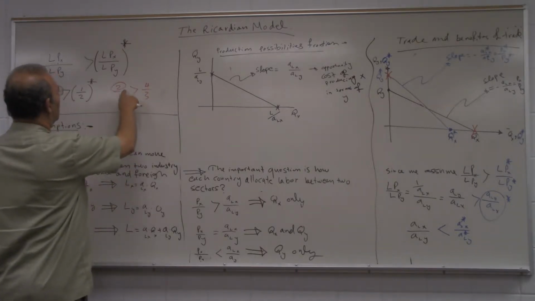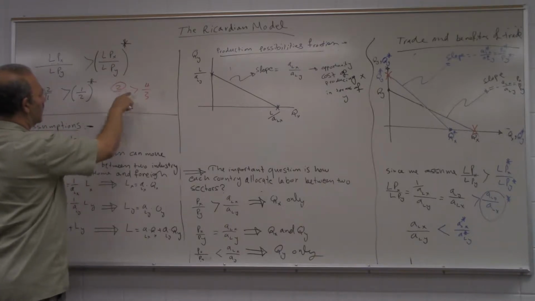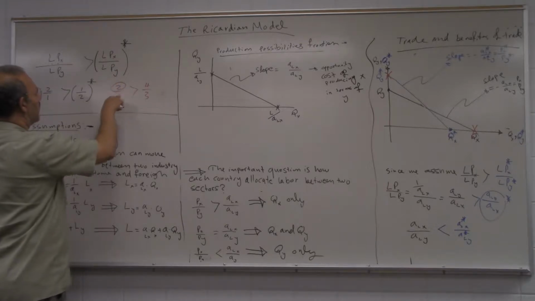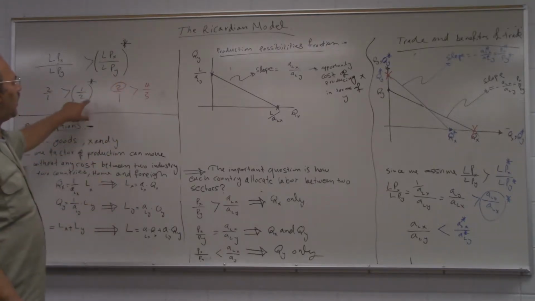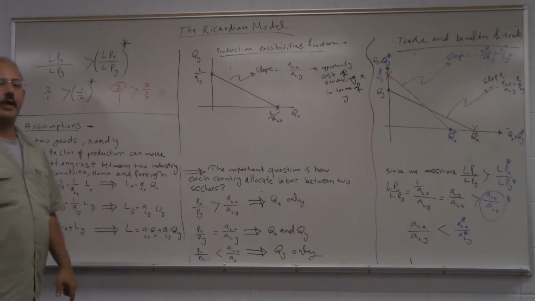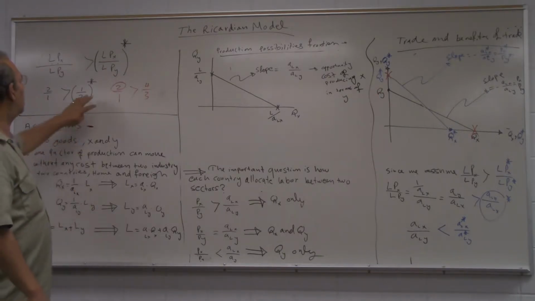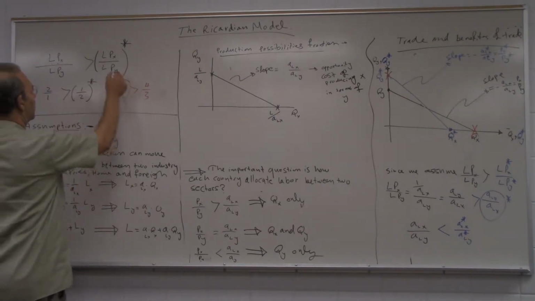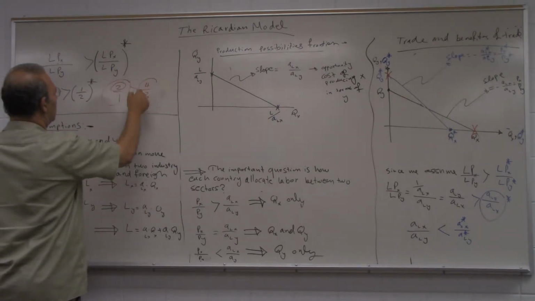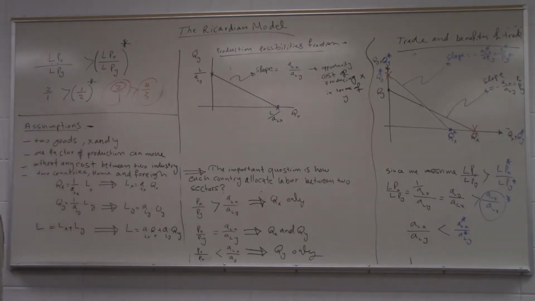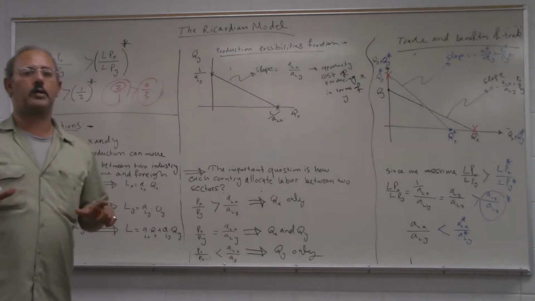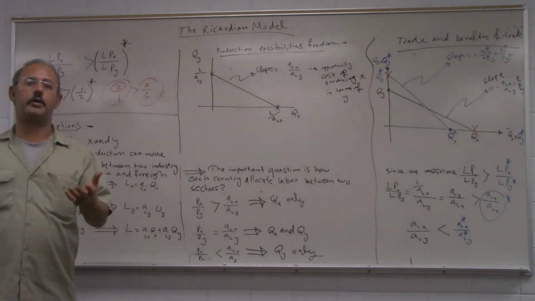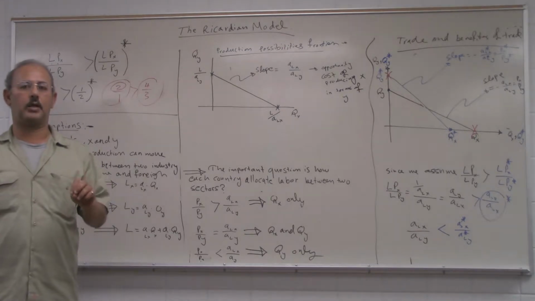Therefore, the home country does not have an absolute advantage, but still has a comparative advantage in producing good X, because this ratio is still more than that ratio. So bear in mind, we talk about comparative advantage, not absolute advantage.